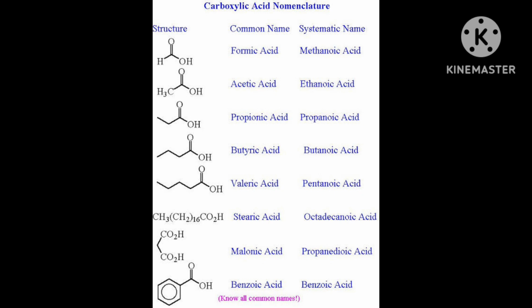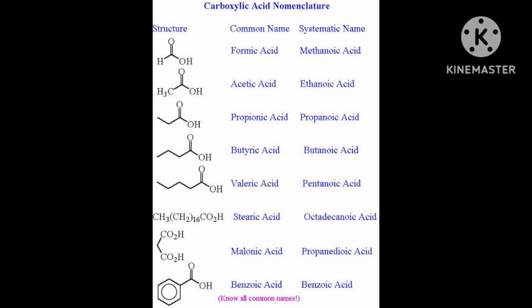The second oxygen is attached to carbon with a single bond, and that O is attached to H. Hence it became C double bond O, OH. One oxygen is double bonded, the other is single bonded.